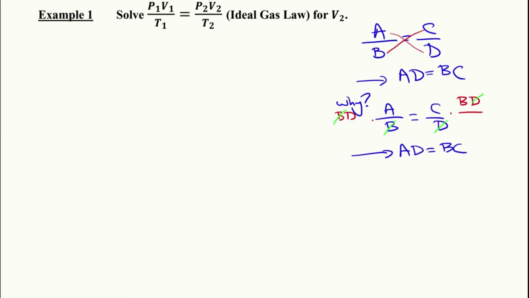All right, so now we want to use this in our situation here. So notice we can go ahead and say, therefore, we're going to set the cross products equal to each other.